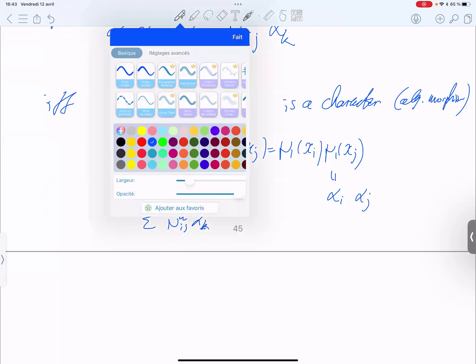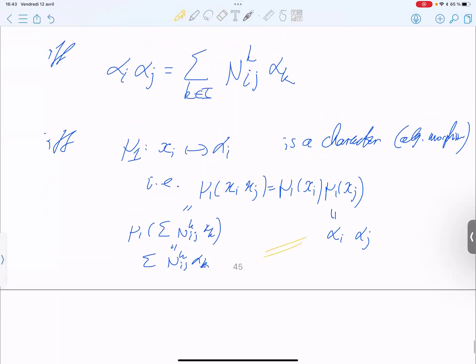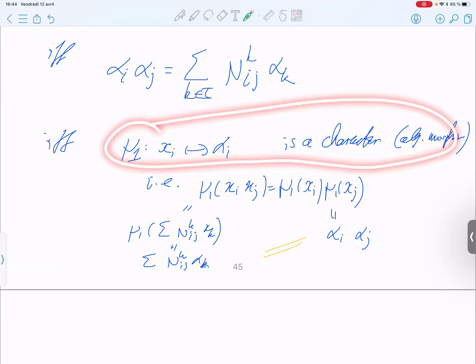So this equality is equivalent to this equality, which means that this is an algebra morphism.